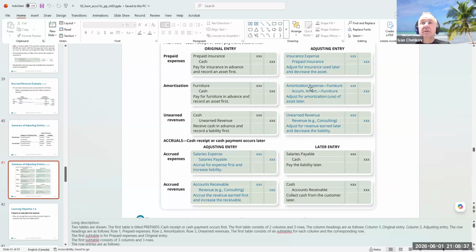Transferring the cost of the asset as an amortization expense and creating this account, which is accumulated amortization. We're going to start accumulating all the expenses that we transfer to amortization over the life of the asset. And that will be our objective.